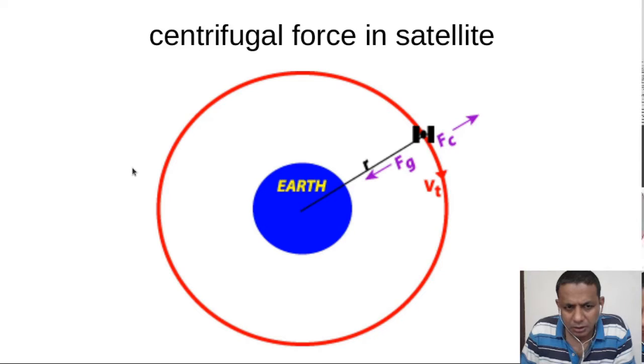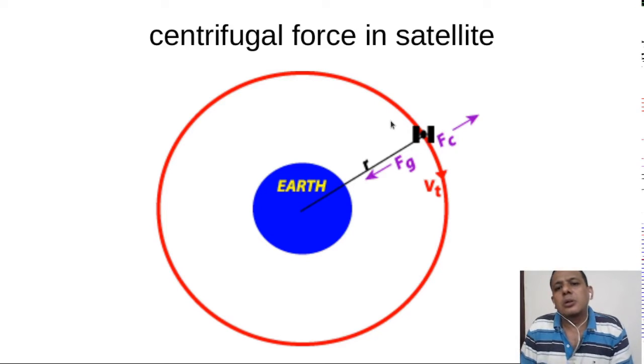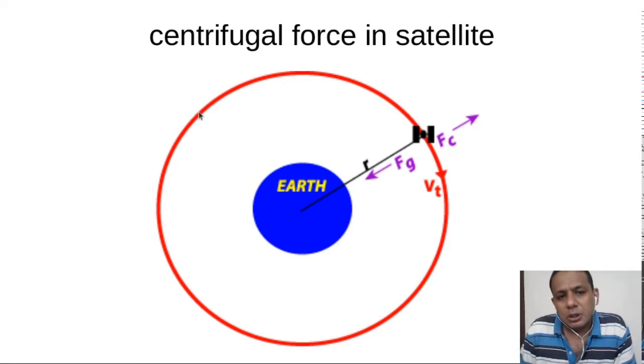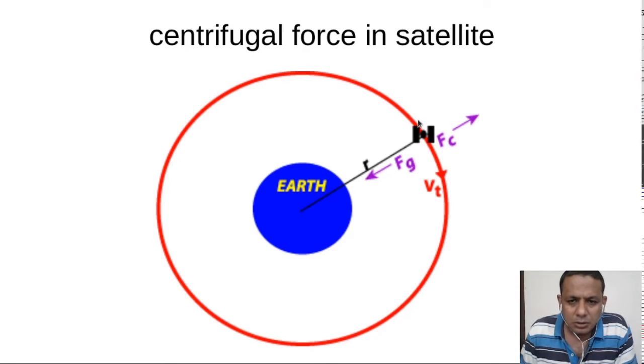The satellite is moving in a circular fashion in the geostationary orbit, medium Earth orbit or lower Earth orbit. The movement of the satellite in this orbit is based on the balancing of the centrifugal force, which is in the direction of motion, with the centripetal force plus acceleration due to gravity.